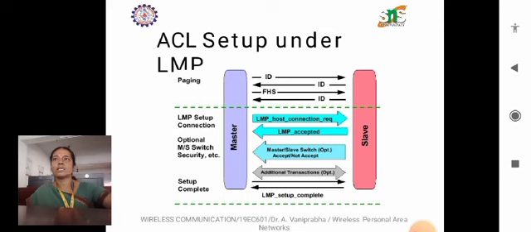During asynchronous connectionless link setup, LMP is responsible for negotiating parameters such as connection interval, slave latency, and supervision timeout between the master and slave devices. LMP manages an exchange between the master and slave devices to establish the ACL connection and configure it according to the negotiated parameters.